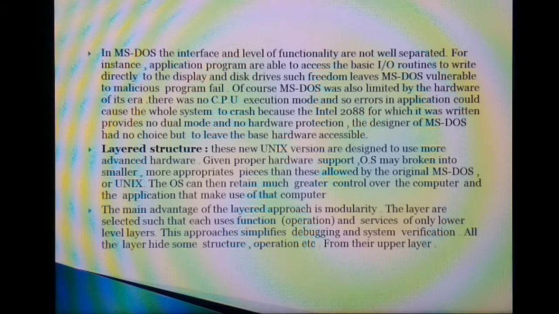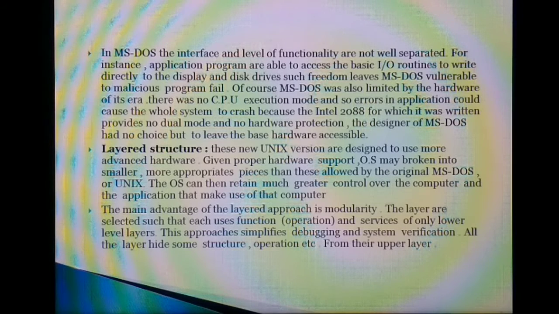Okay, now the second one, the layered structure. Newer Unix versions are designed to use more advanced hardware. Given proper hardware support, the OS may be broken into smaller, more appropriate pieces than those allowed by the original MS-DOS or Unix. The OS can then retain much greater control over the computer and the applications that make use of it.